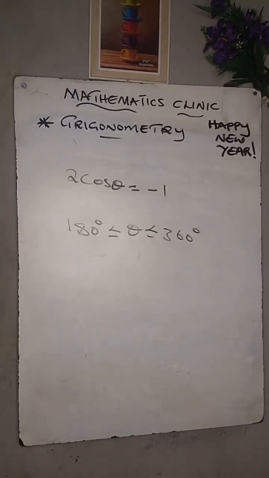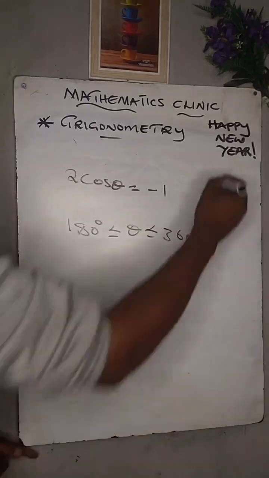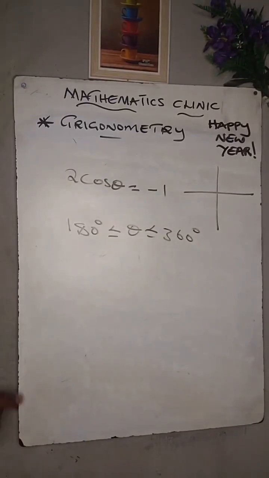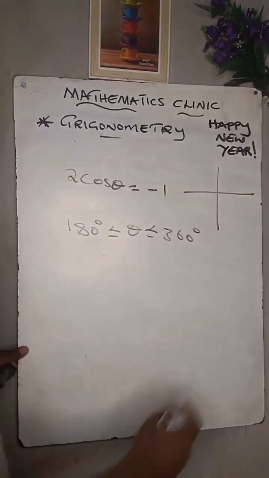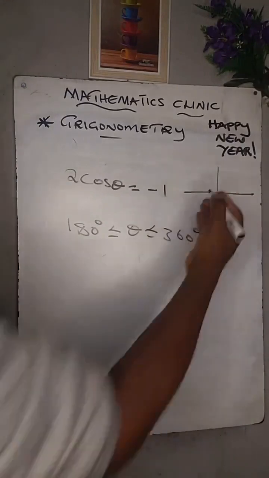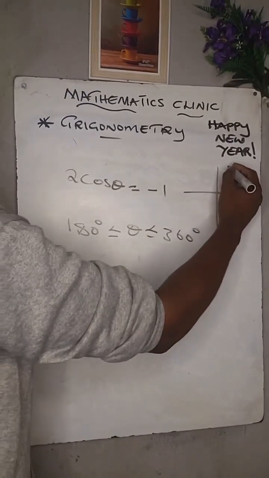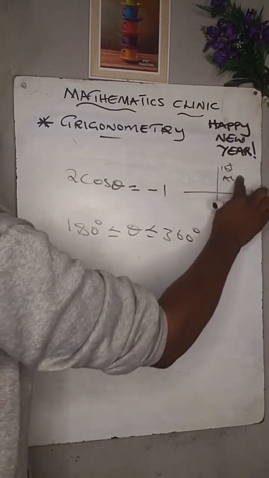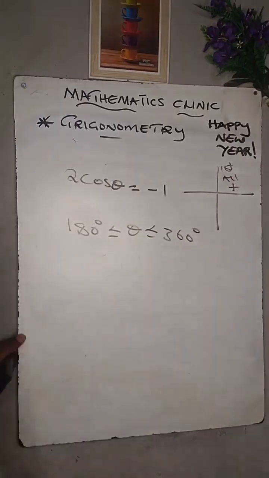When you're calculating this, there's what we call quadrants. In the first quadrant, all the trigonometric ratios are positive.